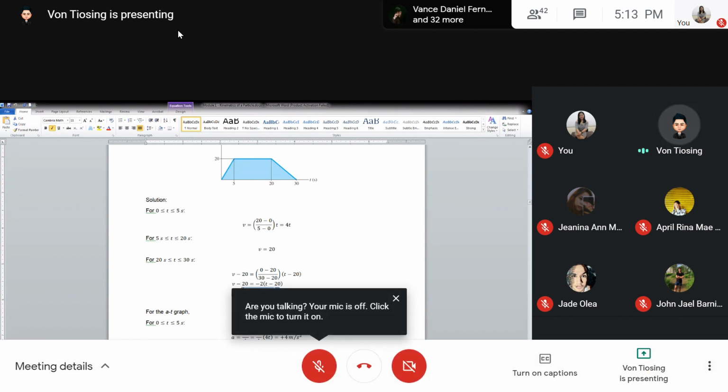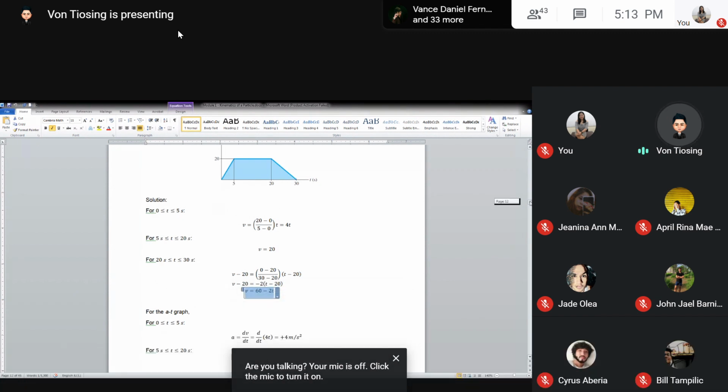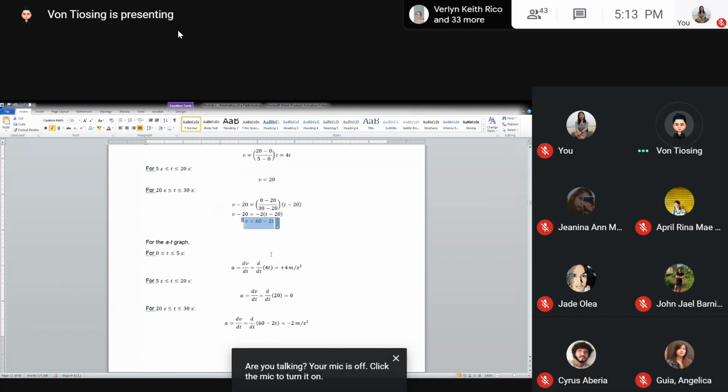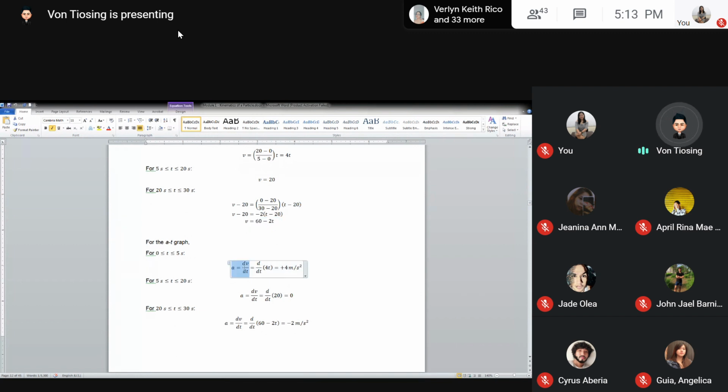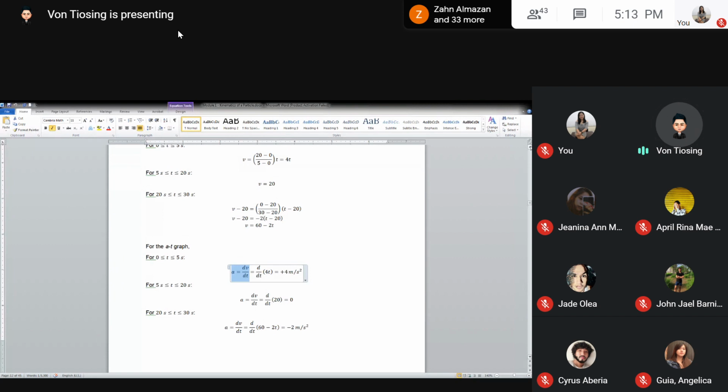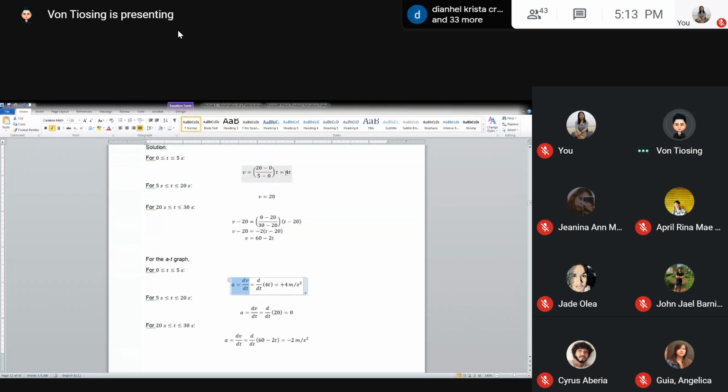As I said a while ago, the acceleration is the derivative of the velocity function with respect to time. So you differentiate all the functions you got: 4t, 20, and 60 minus 2t.